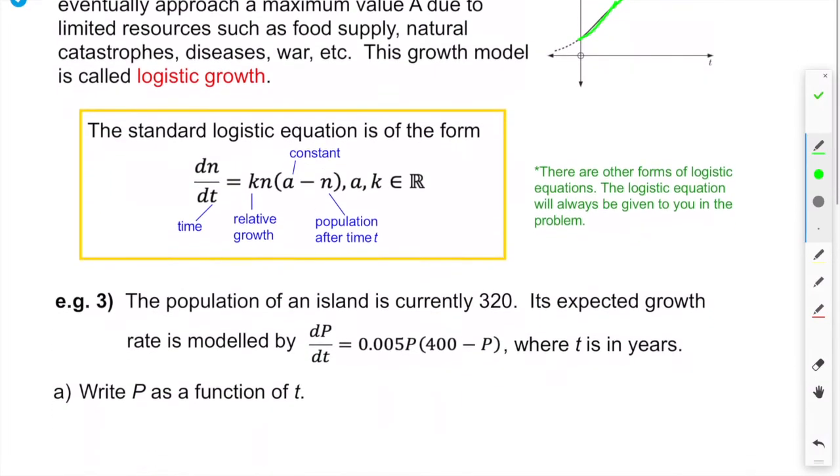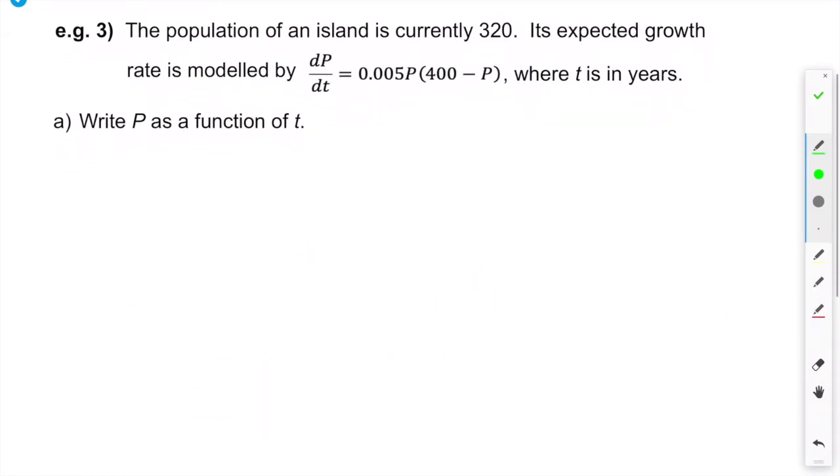So here below in example 3, let's take a look. The population of an island is currently 320. Its expected growth rate is modeled by dP/dt in this equation, where t is in years. So we're going to write P as a function of t.